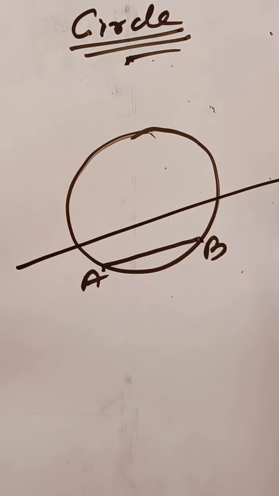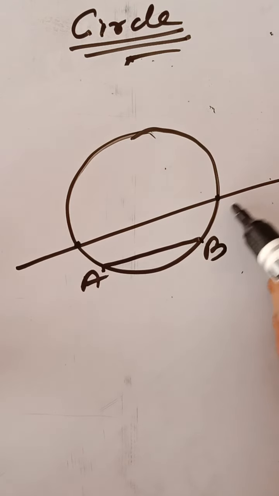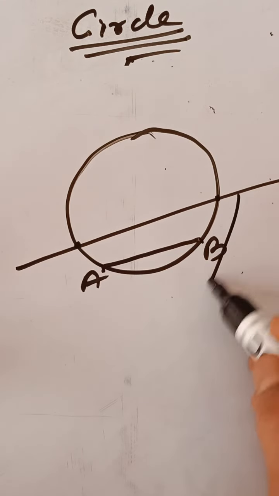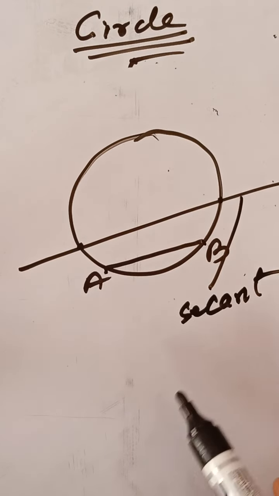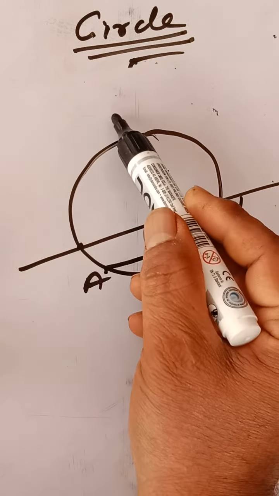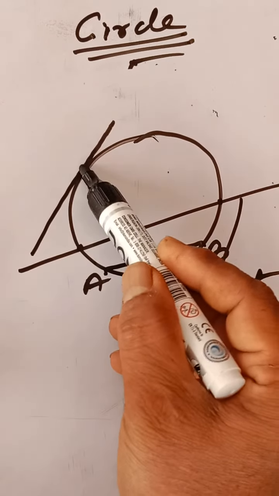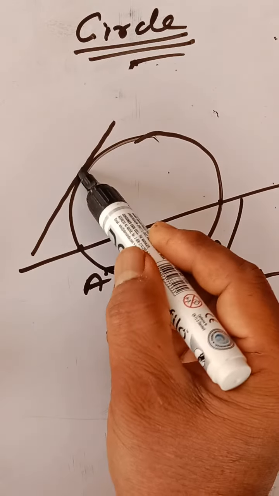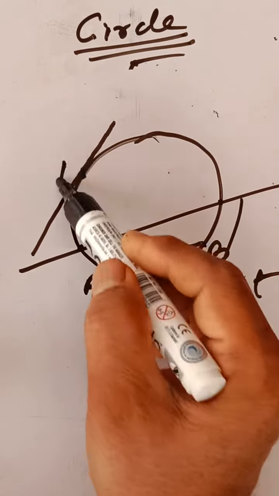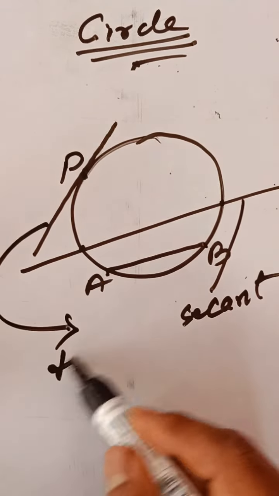If this line passes the circle intersecting at 2 points, then this will be called secant. And another line segment which touches the circle exactly at 1 point, suppose this line is touching the circle at this point P, then this line will be called a tangent.